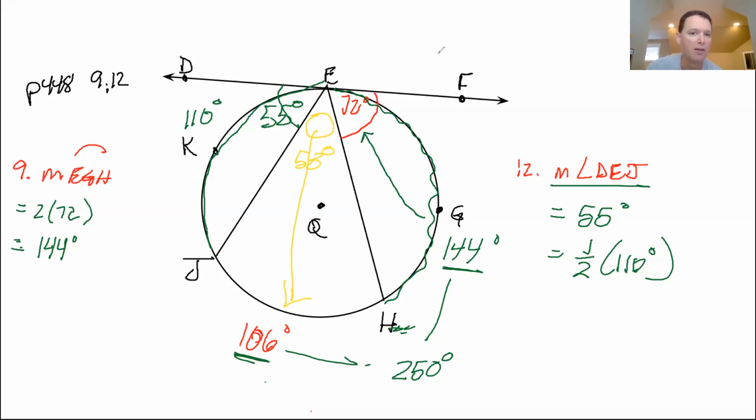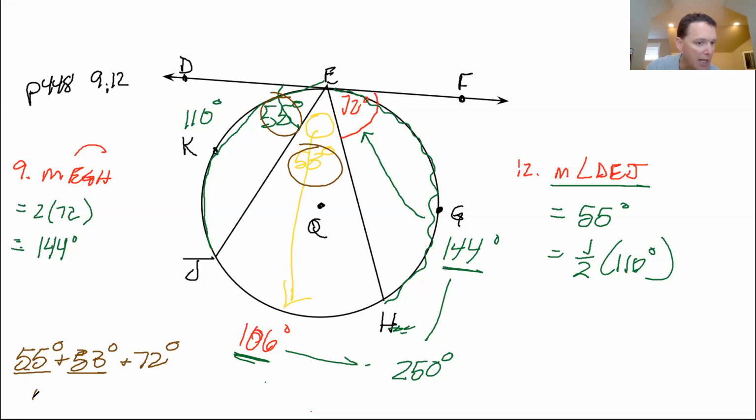Because if I take 55 degrees, that's this angle, and 53 degrees, that's this angle, and 72 degrees, I get 108 plus 72 equals, shocker, 180 degrees. I have 180 degrees across that straight line, which I expected, and the sum of all the arcs that 180 degree angle intercepts is 360 degrees. It all just fits together. How great is that, huh?